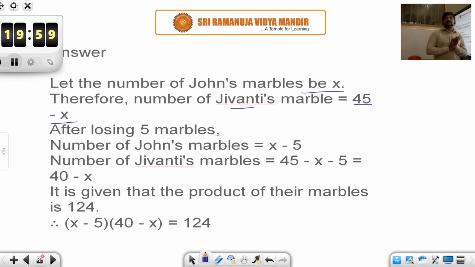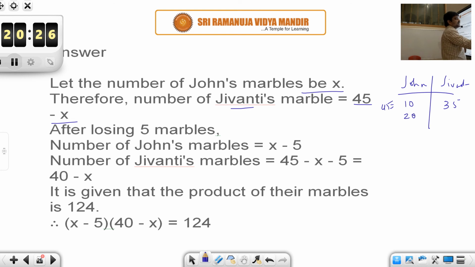Because in the question it is given the sum of the marbles which both possessed together is 45. So if X marbles are possessed by John, obviously 45 minus X is the number of marbles Jeevanti has. Because if John possesses 10, then Jeevanti should possess 35 because their sum should be 45.